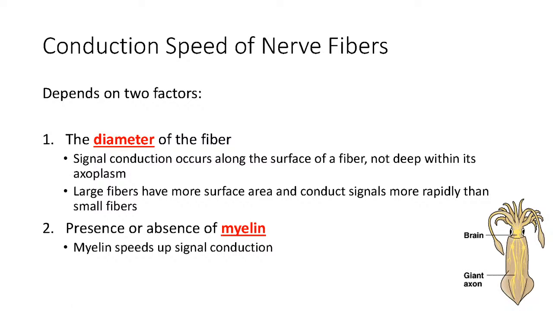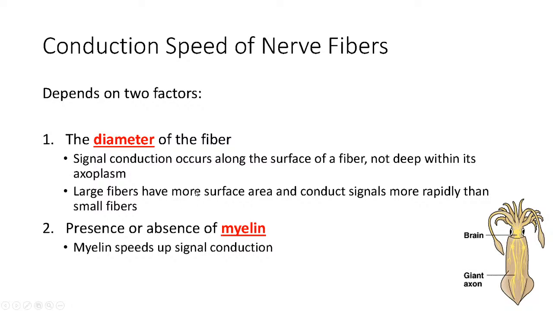Scientists who study the nervous system often use squid axons in their experiments because they have such a large diameter. Makes them interesting.